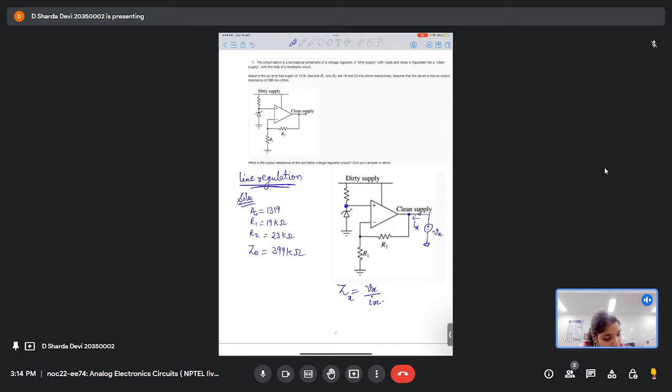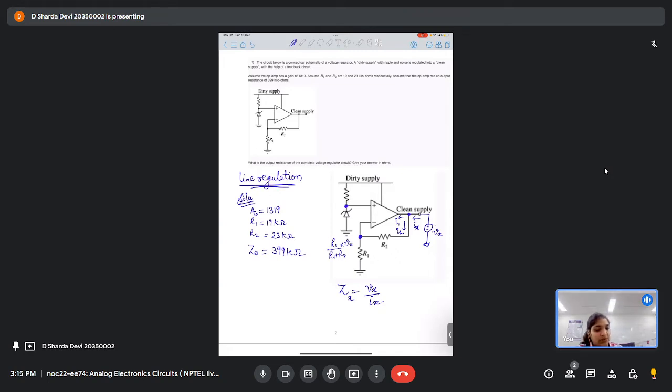So here this Ix will split in two parts, I1 and I2. So let's say this is a small voltage Vx. The voltage at this node will be R1 upon R1 plus R2 into Vx.